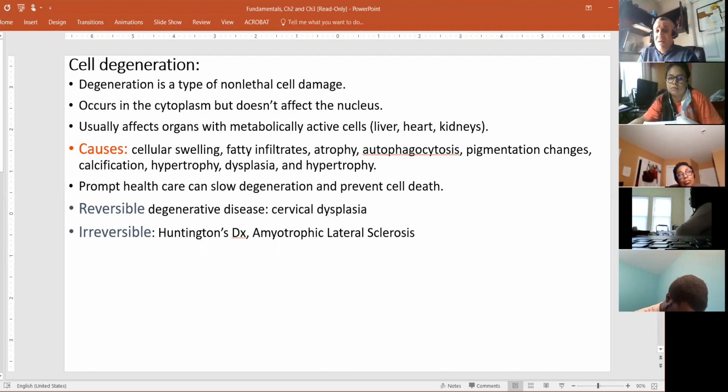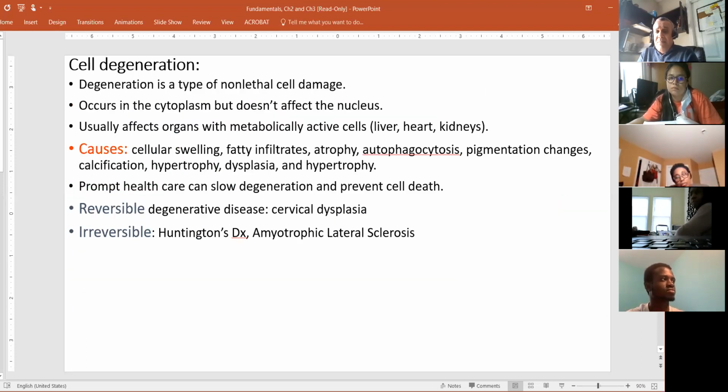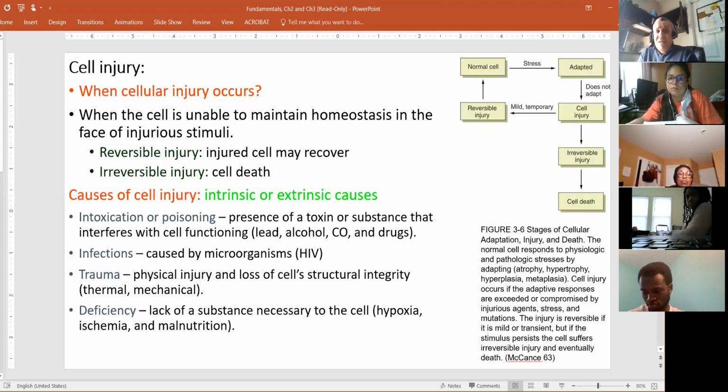All these are responses or causes for the cell degeneration. And it can be reversible or irreversible. This is the step before cell death.